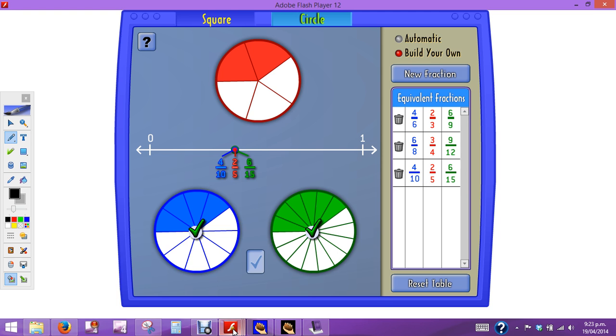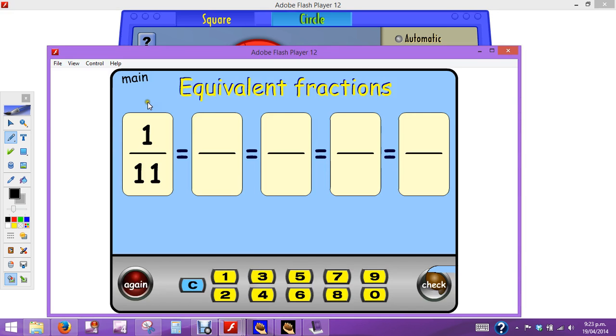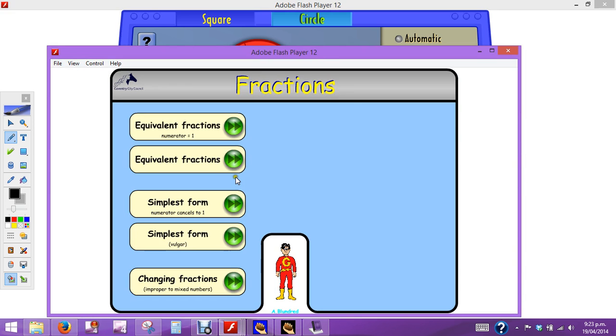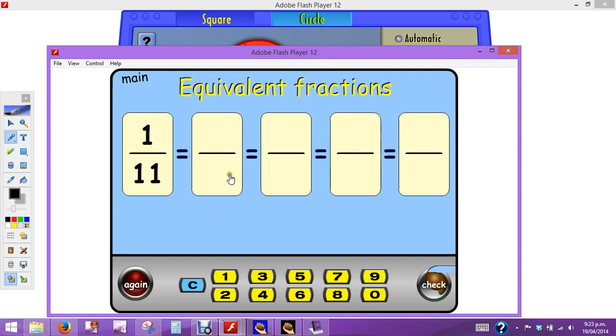And before we finish off, just a little example here of making equivalent fractions. Let's do the easy ones. 1 out of 11 is the same as 2 out of 22. And I'm not going to double that yet. I'm going to put the 44 out here. 4 out of 44.